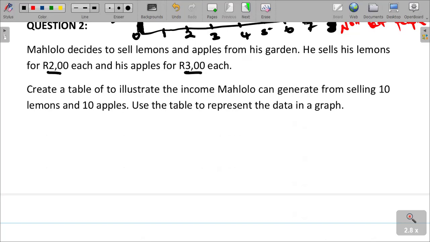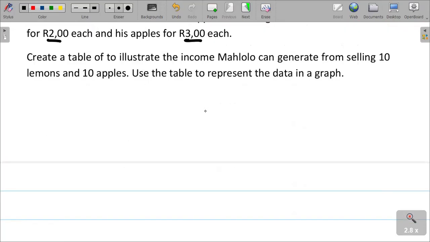Create a table to illustrate the income that can be generated from selling these number of apples and number of lemons. Use the table to represent the data in a graph.